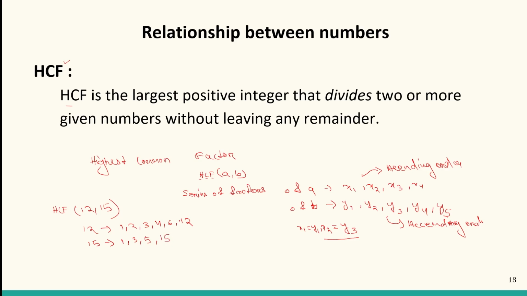So what you can see is the factors of 12 and 15 individually. The next thing is to find the common between them. 3 is common between these two. Is there anything else? 1 is common between these two. So what is the highest among these? Between 1 and 3, the highest is 3. So HCF of 12 and 15 is equal to 3. This is how we evaluate HCF.